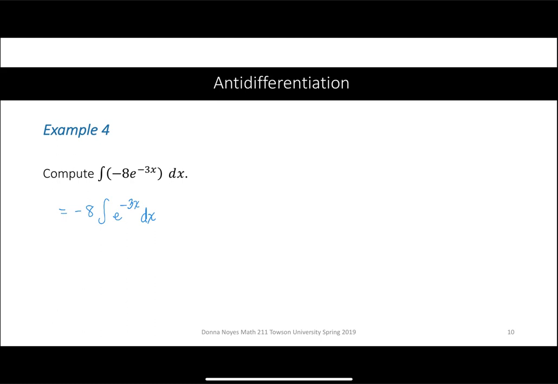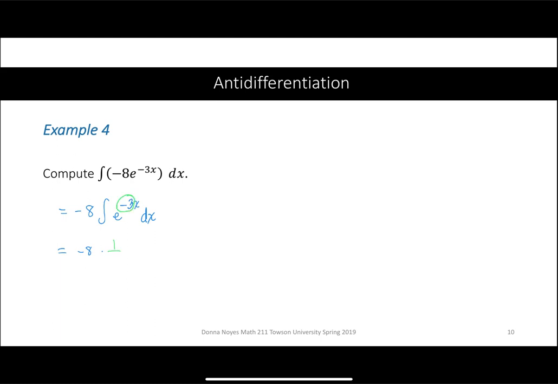And remember, our exponential rule told us that -8 stays here, and this becomes 1 over k e to the kx. Well, our k in this case is -3.